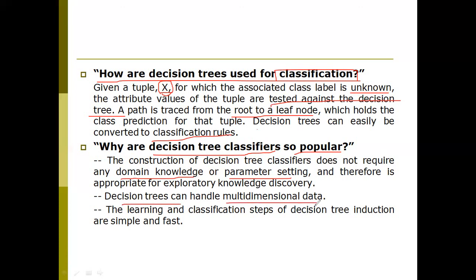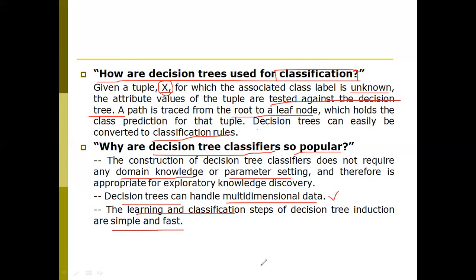And the third point is that the learning and classification steps of decision trees are simple and fast. They can learn from the training set of data very fast and easily, and they classify the new set of data in a very simple way and also fast.